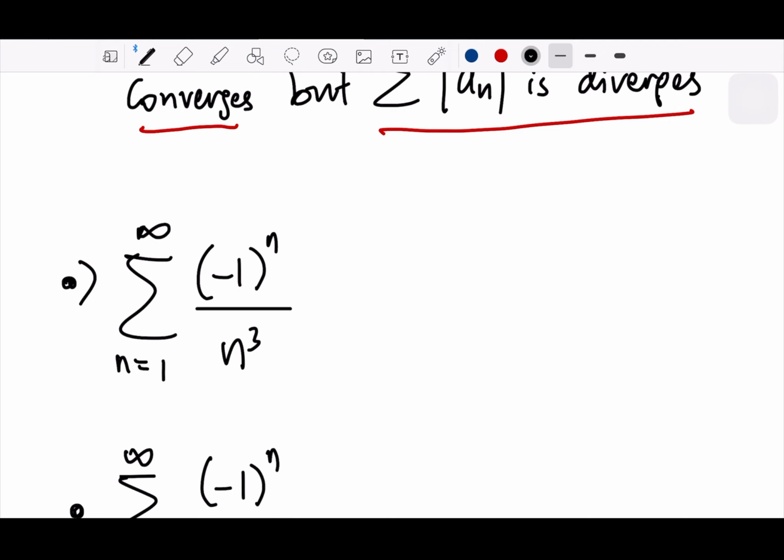We take the absolute value, we get 1 over n cubed. It's already convergent. We can say it's absolutely convergent.